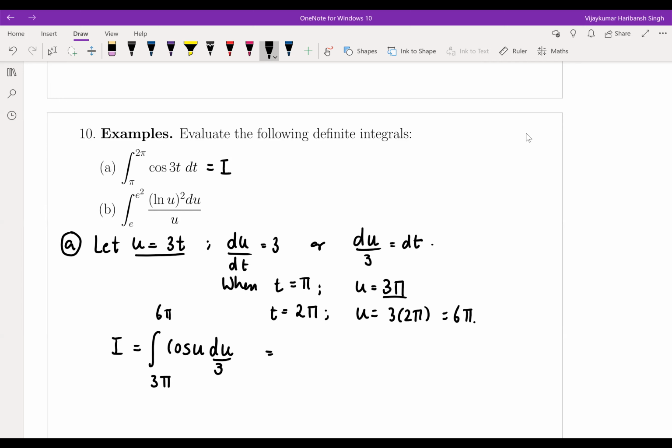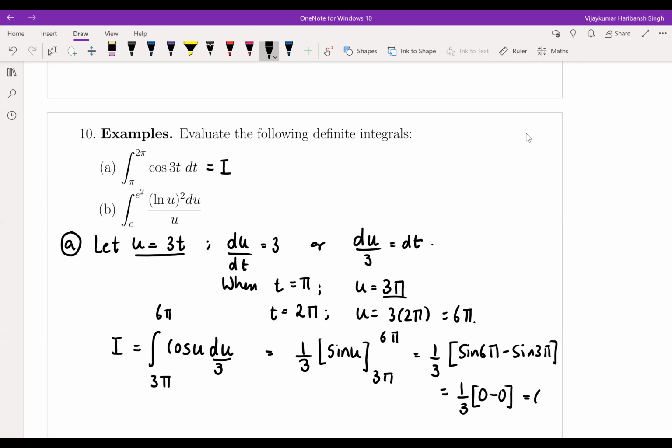Now what is the integral of this? One by 3 comes out. The integral of cosine u is sine u, and you substitute the limits of integration 3 pi to 6 pi. This becomes 1 by 3 times sine of 6 pi minus sine of 3 pi. And what is that value? Sine of n pi is 0, so 0 minus 0, which is 0.